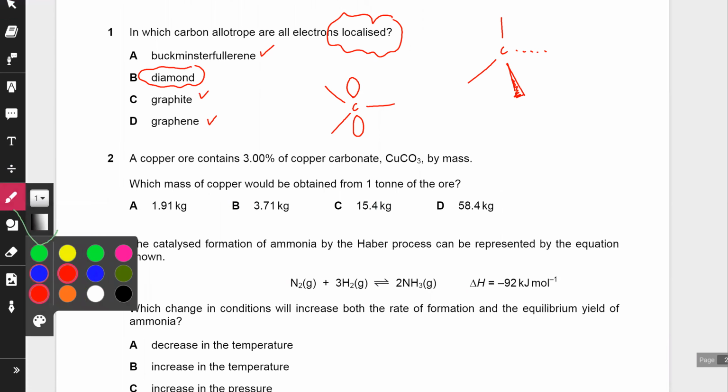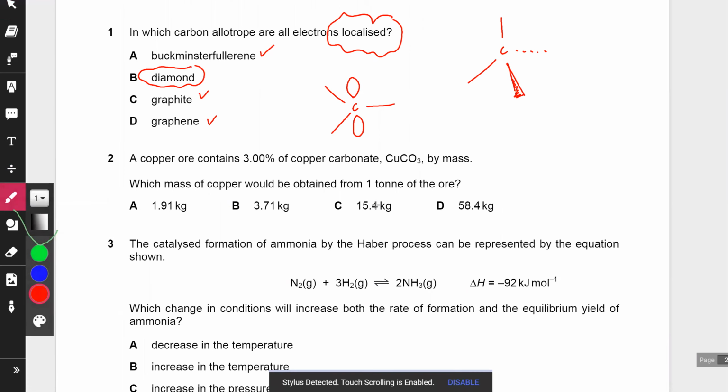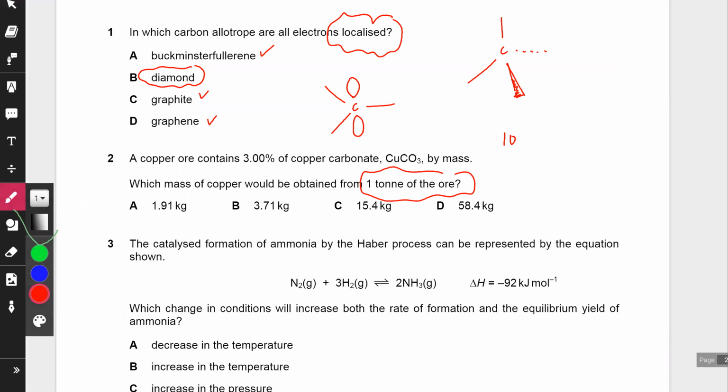This is a simple question. You have copper carbonate, and the ore contains it, so it's 1 ton, right? It's 1000 kg, or 10^6 grams. First thing is, you multiply it by 3%, because it only contains 3% copper carbonate.